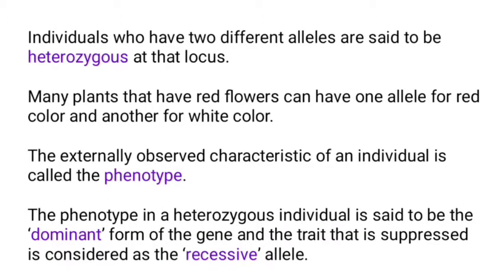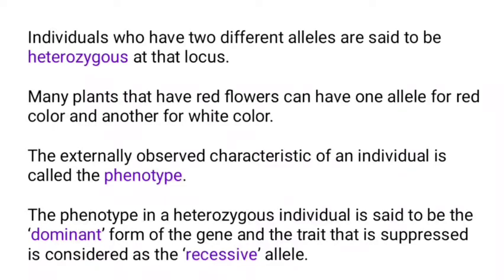And do you know what is phenotype? Phenotype is the externally observed characteristic of an individual. The phenotype in a heterozygous individual is said to be the dominant form of the gene.